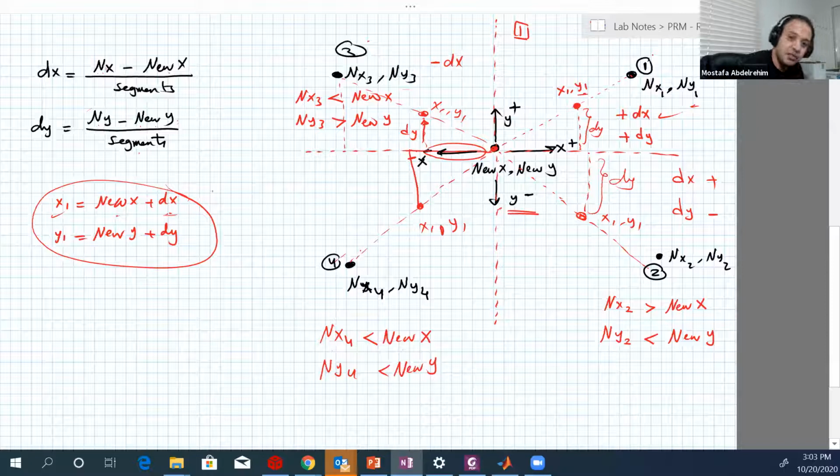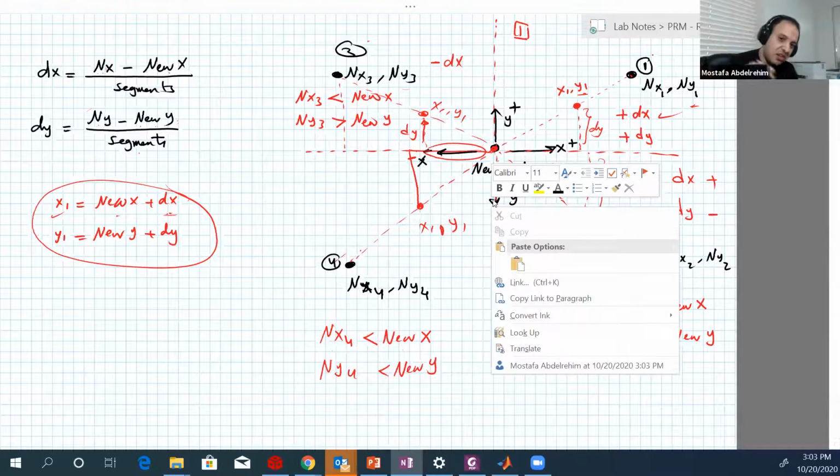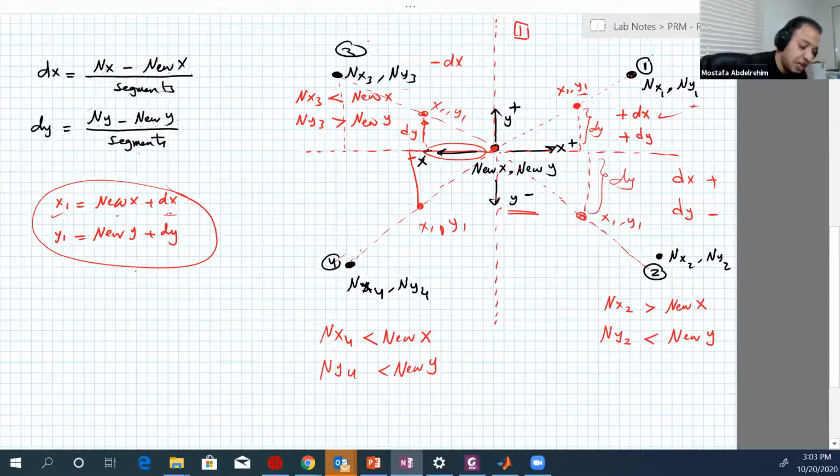So this is really negative. y also should be negative because y1 is equal to new y minus something, because we are moving in the negative y direction. So dy here should be negative as well. So let's check that. We know that ny4 is less than new y. So dy is equal to ny minus new y. ny4 is less than new y, so it's also negative. So both here are negatives.